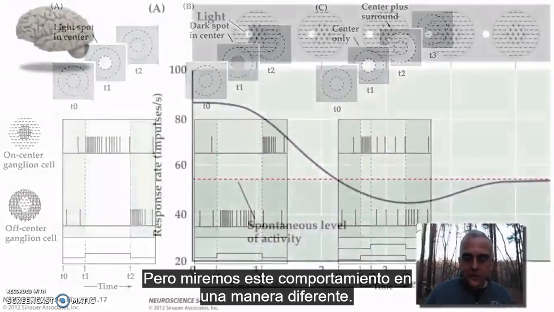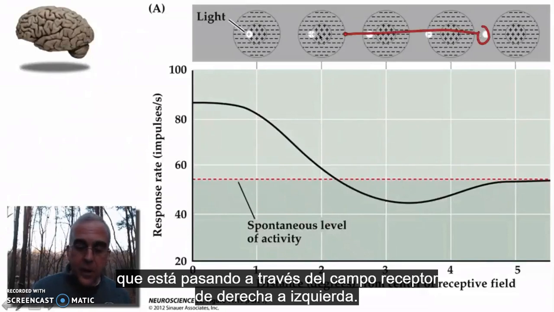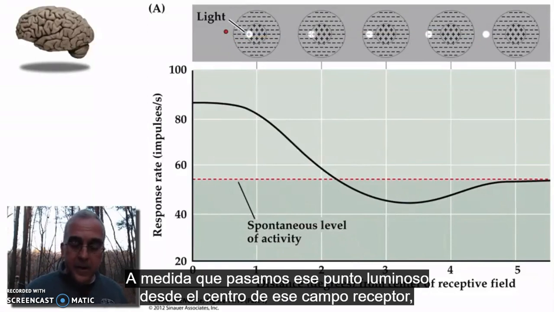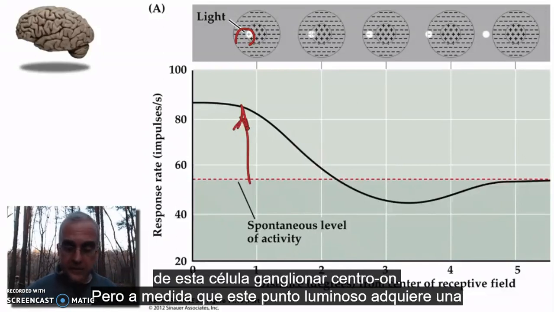Well, let's look at this behavior in a different way. So now imagine that we have an on-center cell, and we have a small spot of light that is passing across the receptive field from right to left. As we pass that spot of light from the center of the receptive field, we notice that there is initially a pretty strong response in the firing rate of this on-center ganglion cell.